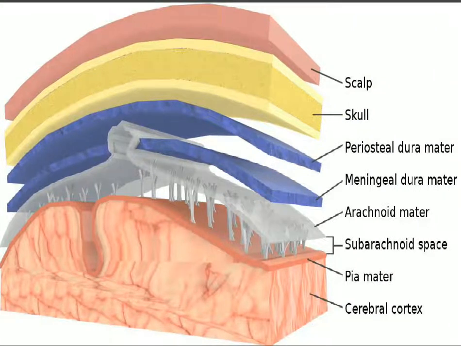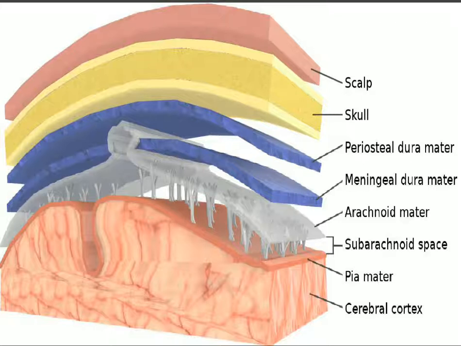This figure tries to show the three different meningeal layers and their relation with the brain and the skull bone. The one in close contact with the brain, the cerebral cortex, is the pia mater, which is the innermost meningeal layer.